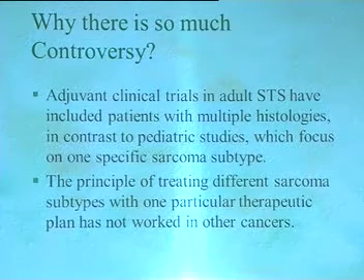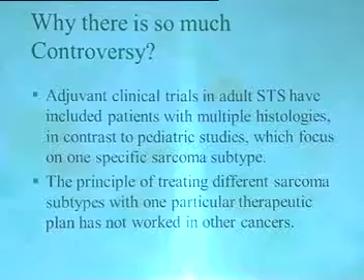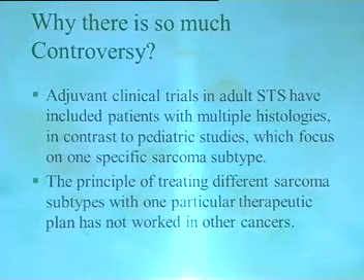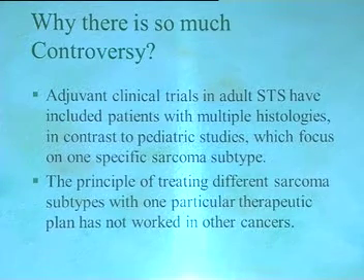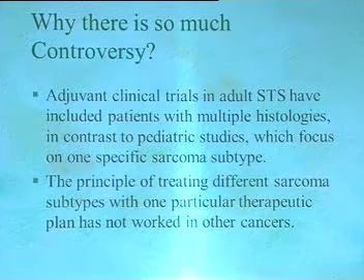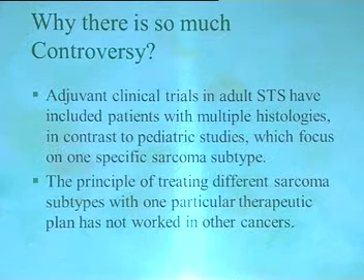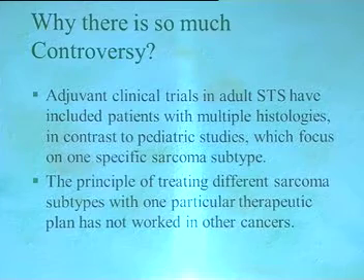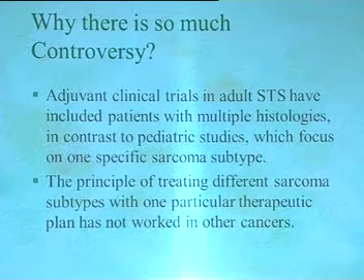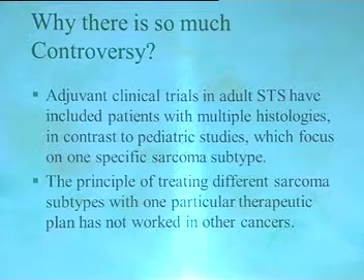Well, there are more than 50 types of soft tissue sarcomas, and if we treat all carcinomas in a different way, if we treat all pediatric tumors in a different way, how can we club the outcome of 50 different types of soft tissue sarcomas with one single chemotherapy regimen? So I don't think that we can have the answer if we put all sarcomas in one basket and look for the benefit.